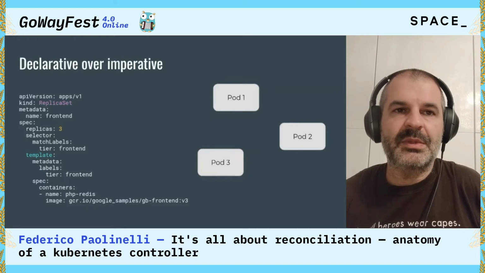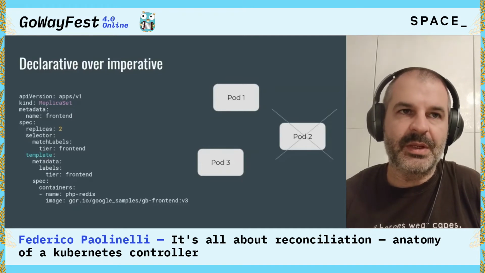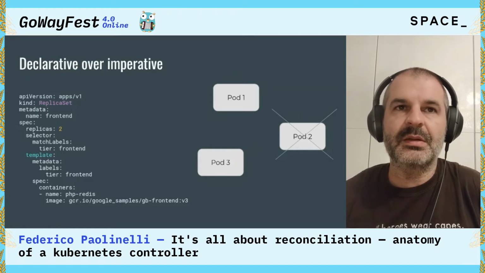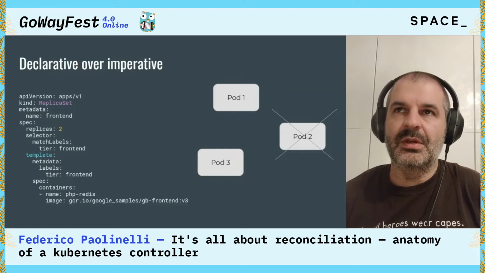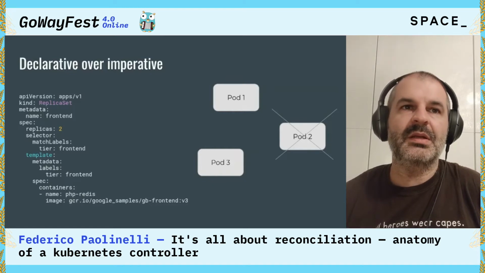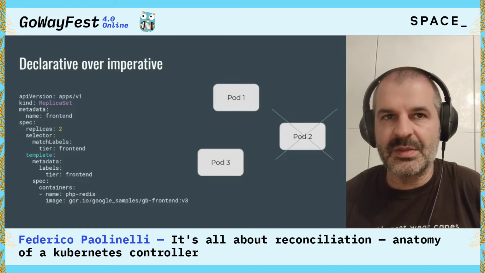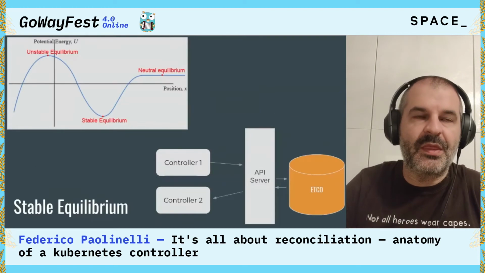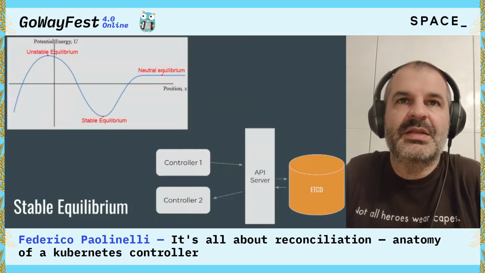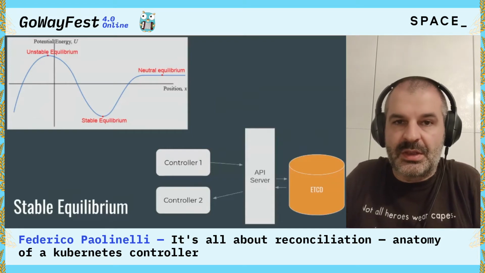Then, at some time, you ask the number of replicas to be 2. And then, again, you're not sending a command to remove 1 pod. You are sending a new state where you ask for 2 pods. And the system reacts and removes a pod. So we can think about the cluster as a dynamic system, which at some point reaches an equilibrium.